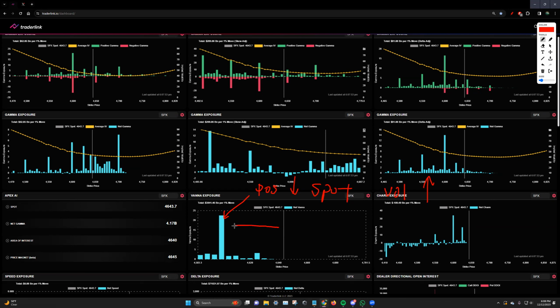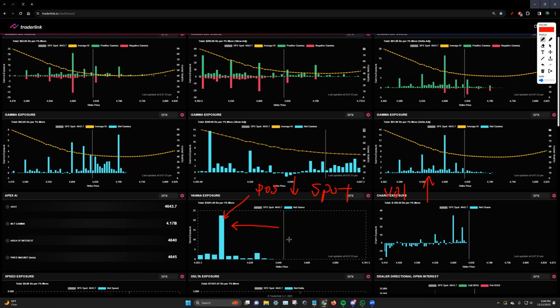Meaning, as you push up, dealers are going to sell right around this area. Now we get into how you can correlate that, right? I'll show you guys how to essentially read whether or not dealers are going to sell, and why dealers will have to sell as you push up to this point.